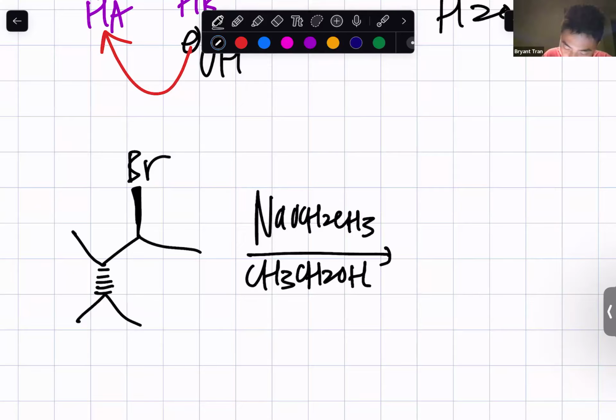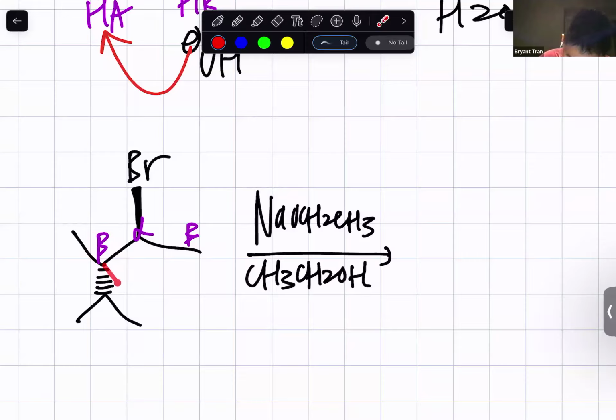We know that we want to get the most substituted beta proton. If this is the alpha carbon, this is the beta carbon, this is the beta carbon right here. The beta carbon that we're interested in is this one right here because it's more substituted, which will lead to the more substituted alkene.